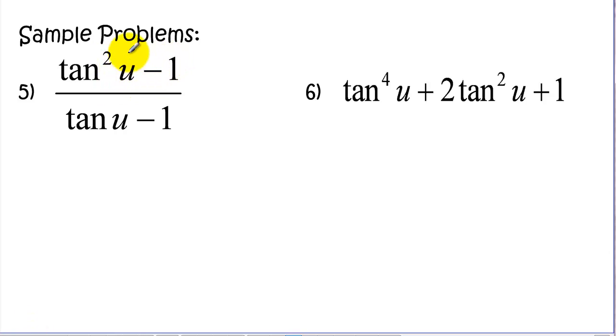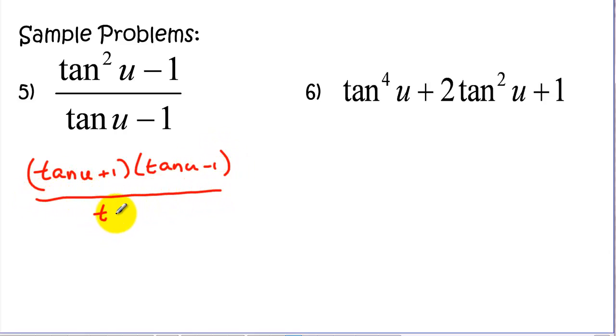Now here we can factor the top, because this is a difference of two squares, so we can factor the top into tangent of u plus 1 times tangent of u minus 1. Now what might trigger you to do that is, one, we've got something on the top that is factorable.